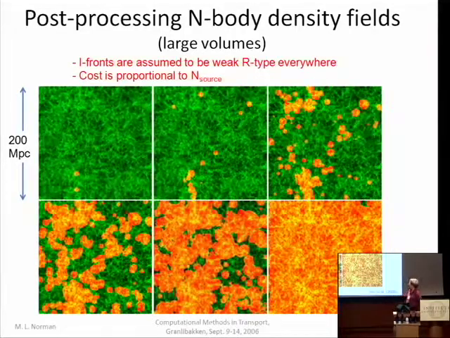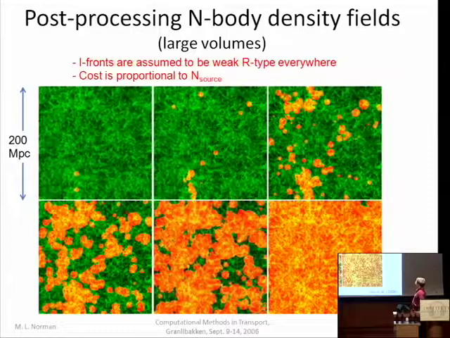The adaptive ray tracing has also been used to post-process density fields. Typically what's done is to run an N-body simulation at very high resolution or high number of bodies on very large scales and create a density field.